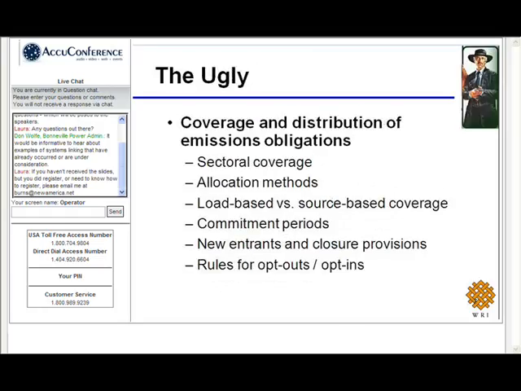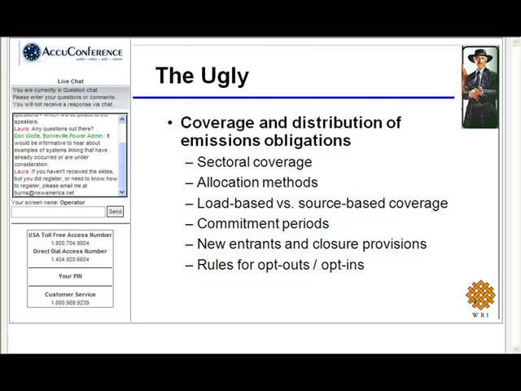So moving on from the requirements where you really probably need some compatibility and consistency to some other design elements of cap and trade systems. These are areas where some differences in the design probably don't matter as much to a linking agreement.